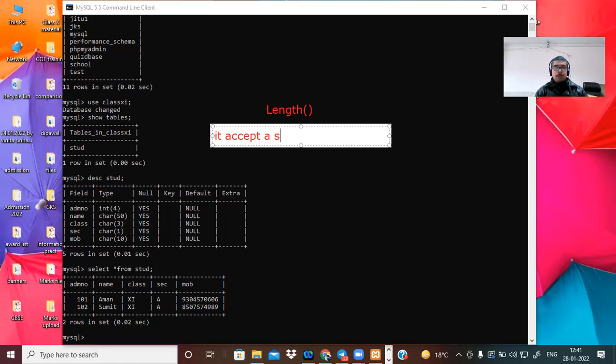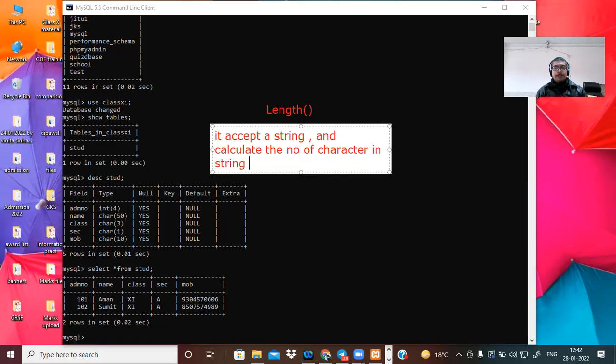I have already told you that a function accepts a value. So it accepts a string and calculates the number of characters in a string.